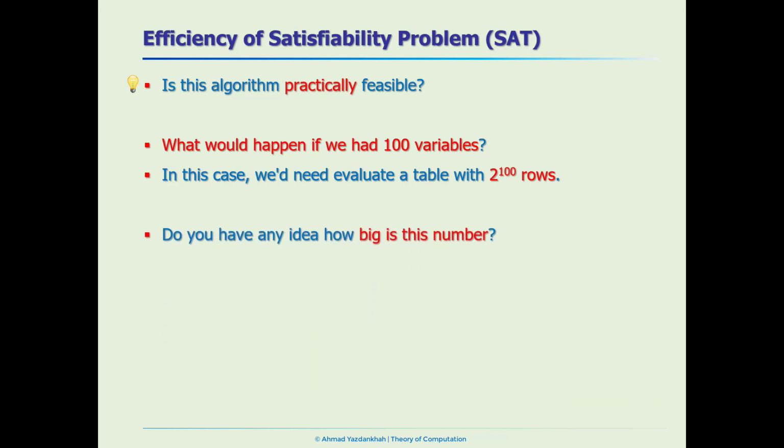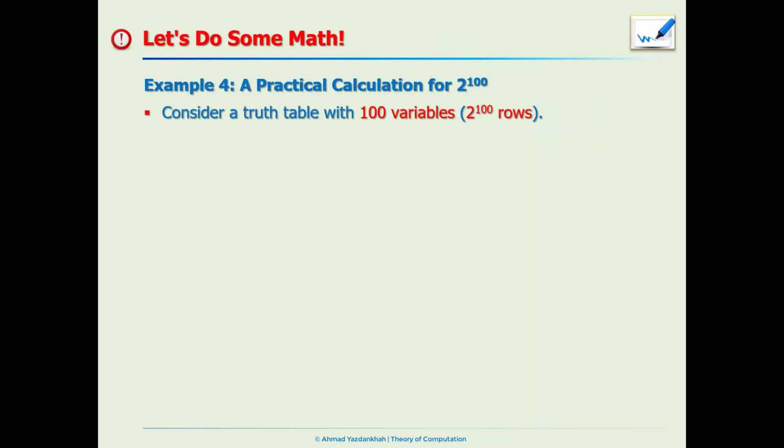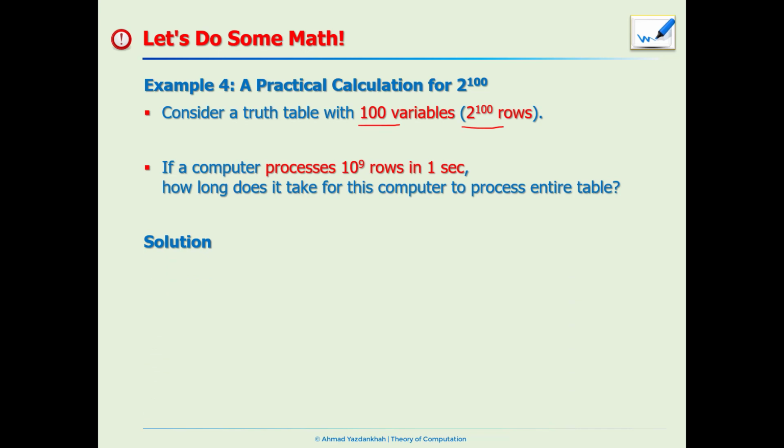So let me take a practical example to give you a feeling about these kinds of problems with exponential complexity. Let's say we have 100 variables, so 2 to the 100 rows, and we have a very, very good computer that can process 10 to the 9 rows in just 1 second.